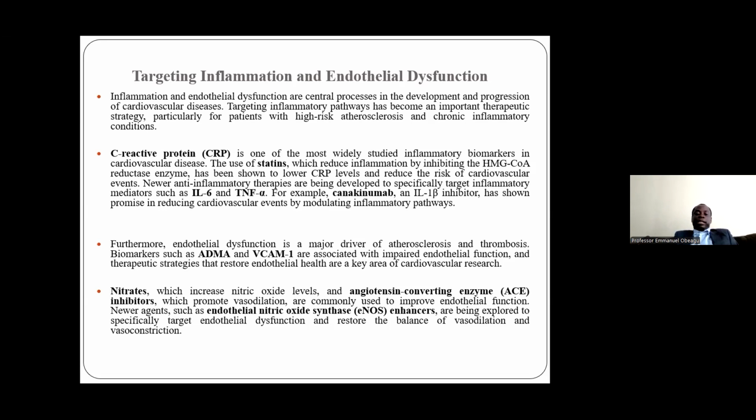Of course, in this case, there should be a balance between inflammatory cytokines and anti-inflammatory cytokines. And of course, when the ratio tilts towards the inflammatory side, there is going to be much cardiovascular disease. The next.